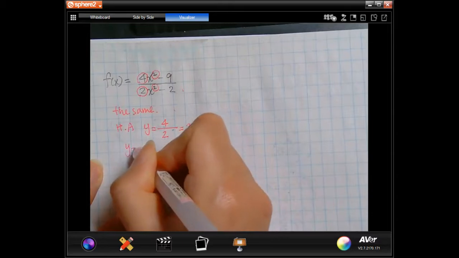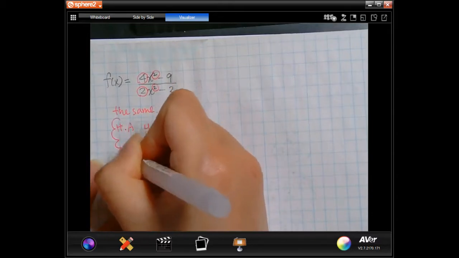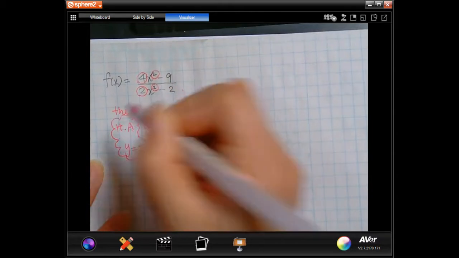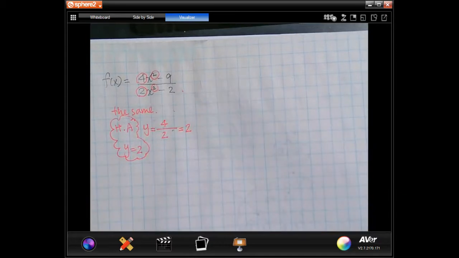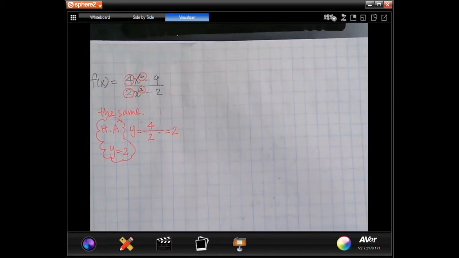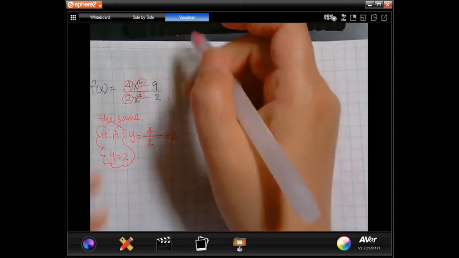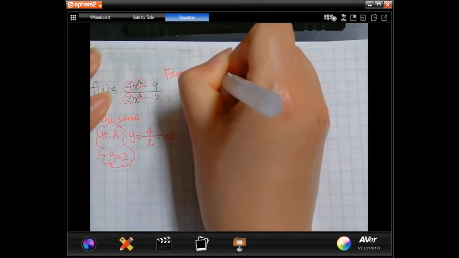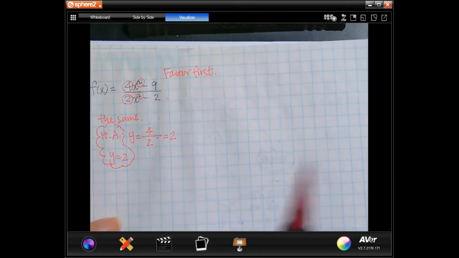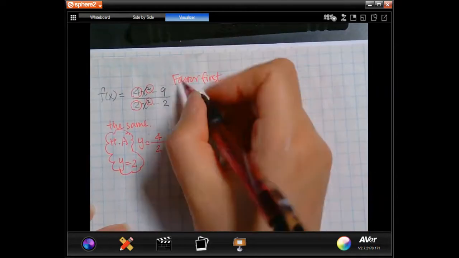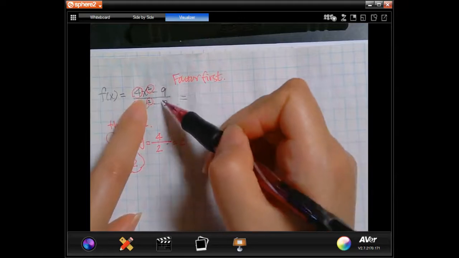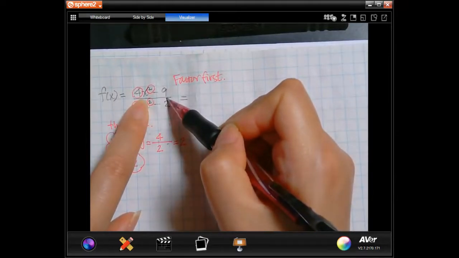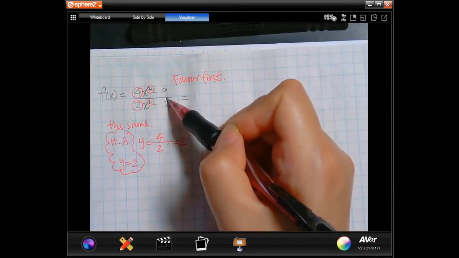Then y equals 2 is the horizontal asymptote. Okay, then let's factor first. Okay, I hope you can recognize this as a difference of squares.